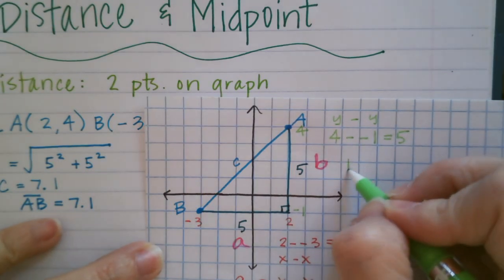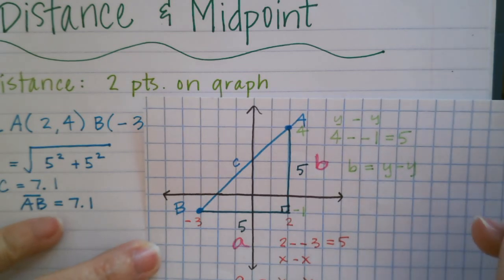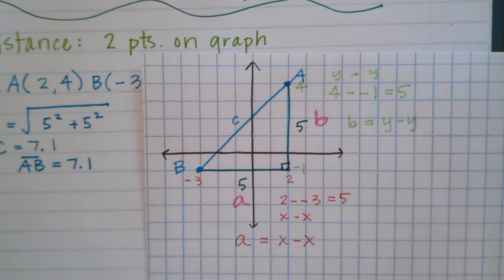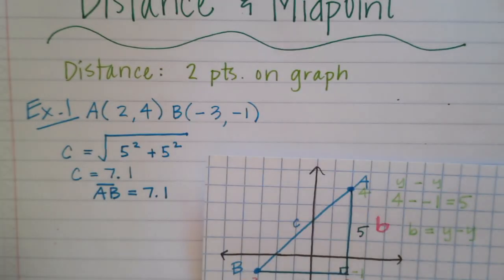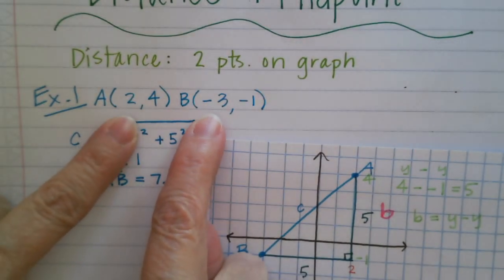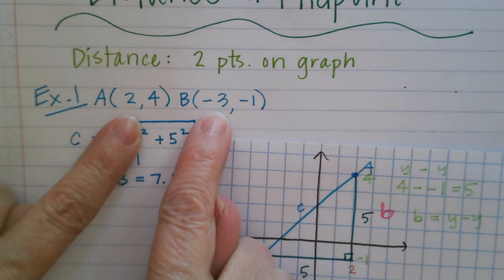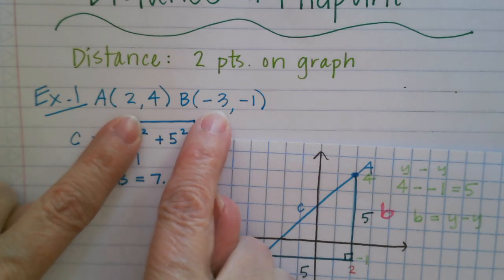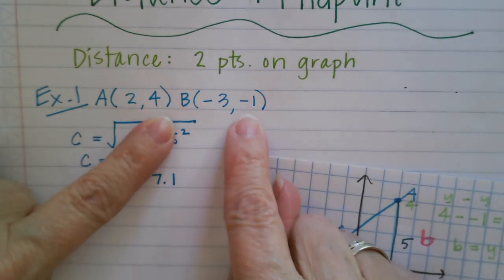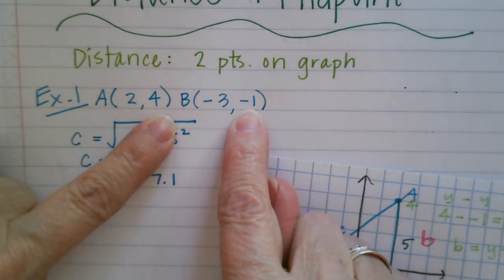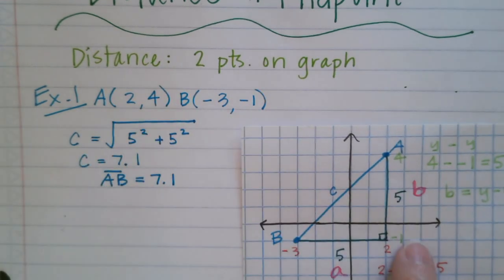So the B is the same as y minus y. If I look at any two ordered pairs, I can compare the x's and subtract to get side A, which is 5. And if I subtract the two y's, I get the length for side B, which again is 5.